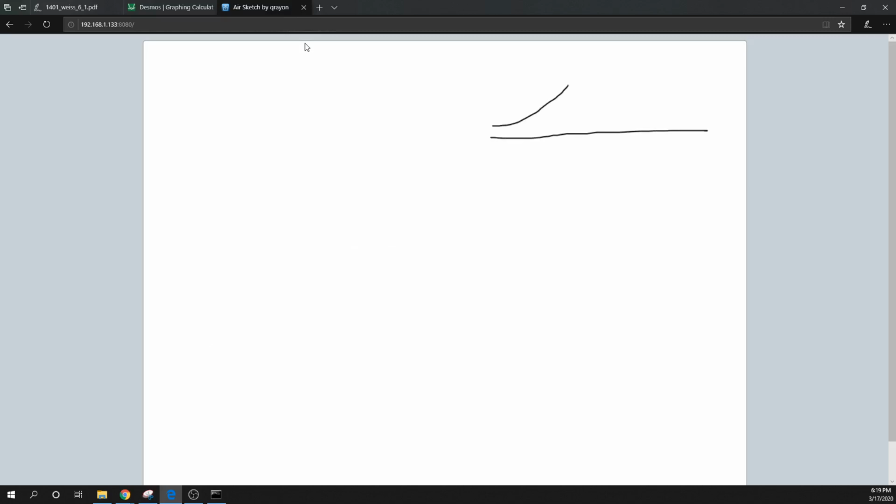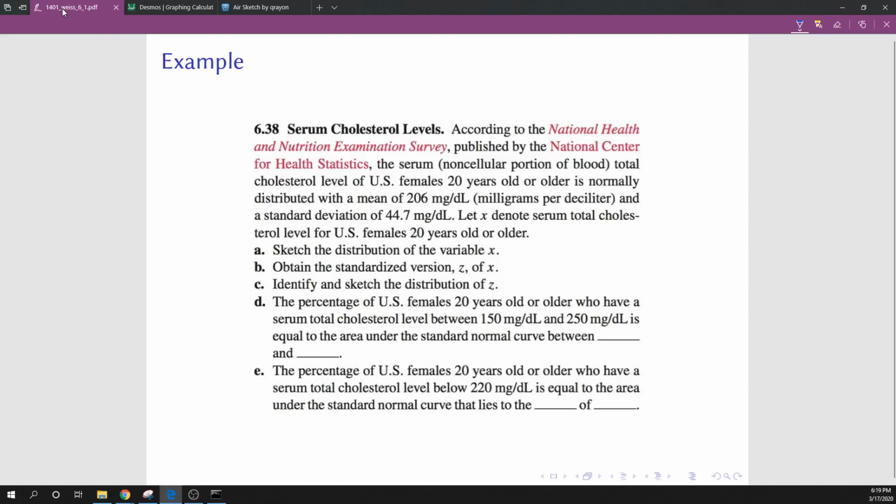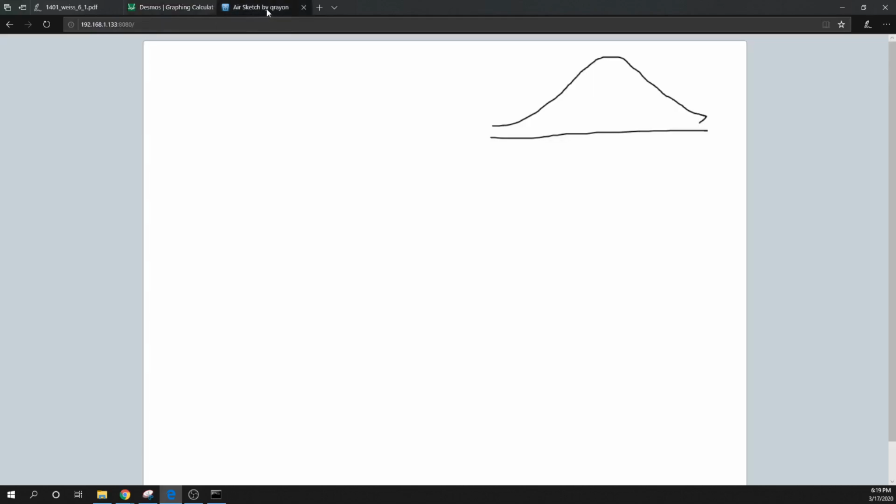We know that the mean in this case is 206, right in the middle, and 220 is somewhere over here. They want to know below 220, that would be this picture right here. If you're drawing this by hand, it helps to draw a little picture to get the mental picture of what's going on.